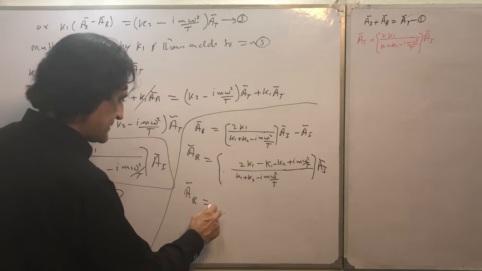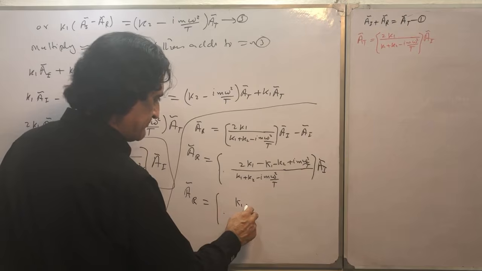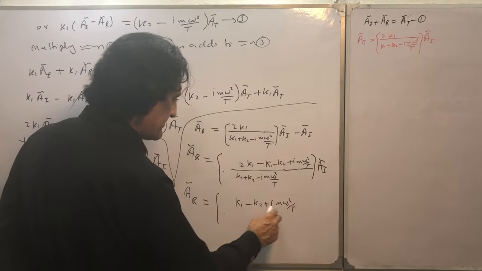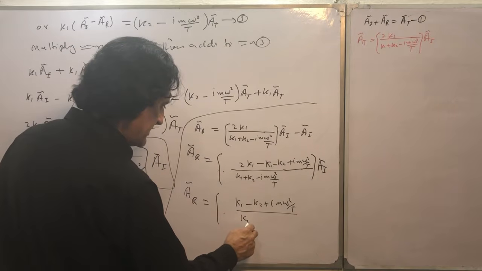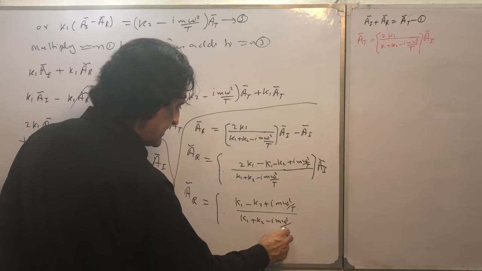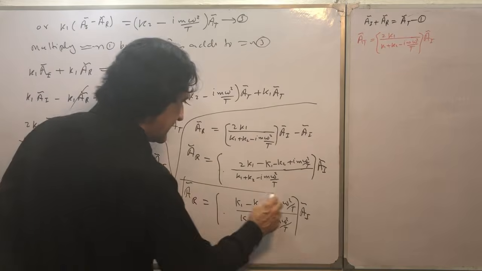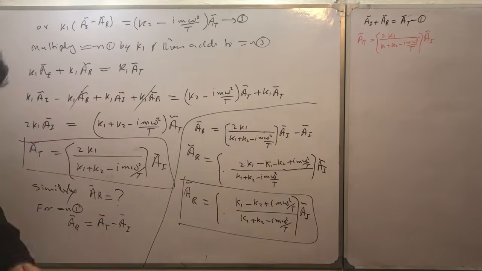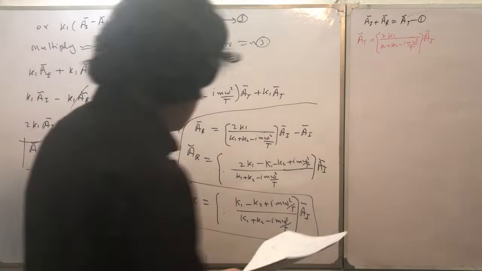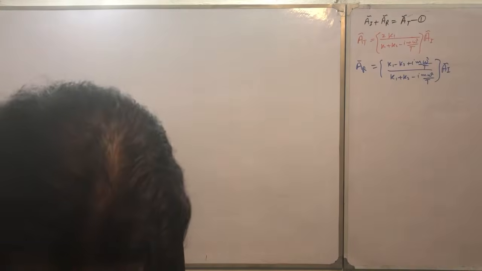Further, this will be equal to K1 minus K2 plus iota m omega square divided by T, divided by K1 plus K2 minus iota m omega square divided by T, times AI. So this is AR. I want to write this down here.